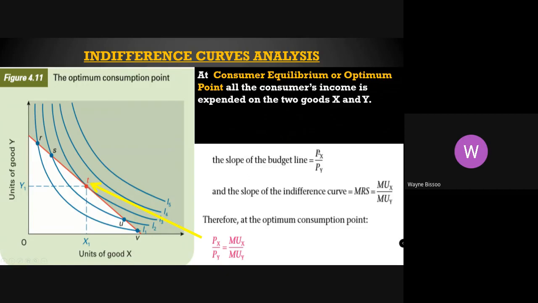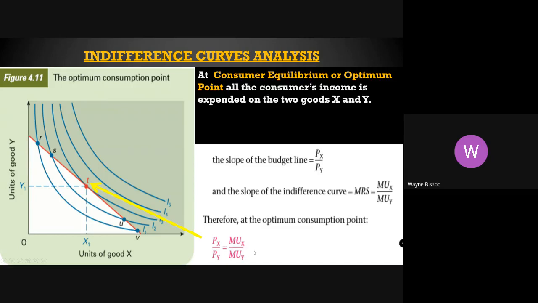And the slope of the budget line, Px over Py, that's the mathematical notation for it, is going to be equal to the slope of the indifference curve, which is the marginal rate of substitution, equal to the marginal utility of X over the marginal utility of Y. Therefore, the optimum consumption point or the consumer equilibrium point is where the ratio of prices Px over Py is equal to the marginal rate of substitution, MUx over MUy.